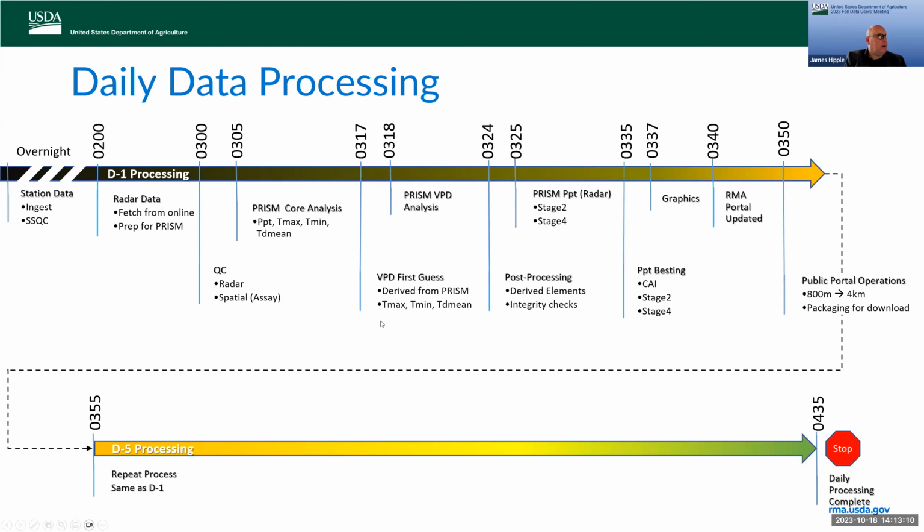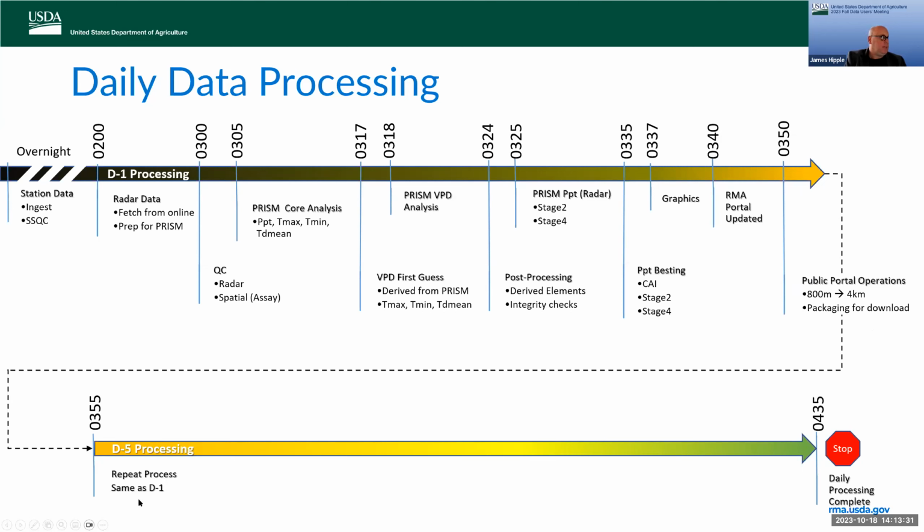re-ingesting these. So these are basically the day one processing. It's pull the data, pull the radar data, generate the core analytics, post it to the RMA portal, and then post it to the public portal.